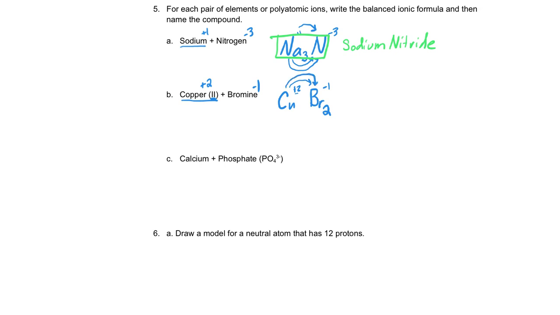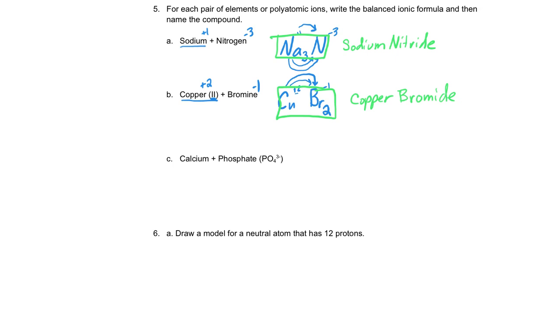So now 2 bromines are gaining an extra electron. They're both happy. This is the ionic formula. So this would be copper. We always name the positive one first. And then instead of bromine, we'll go bromide. Copper bromide. That's it. Okay, next one.